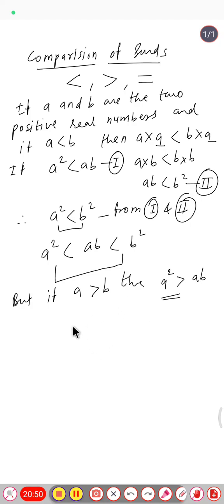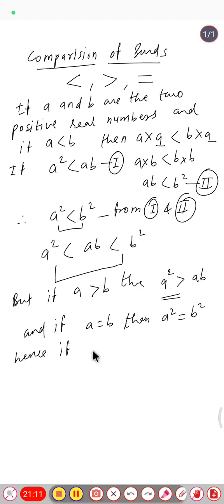And if A equals B, then we can say that A square is equal to B square. Understand? Hence, if A is less than B, then A square is less than B square.